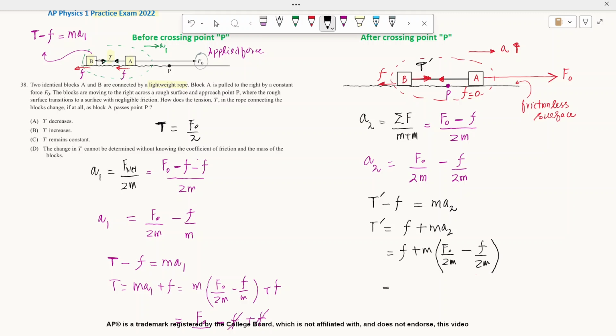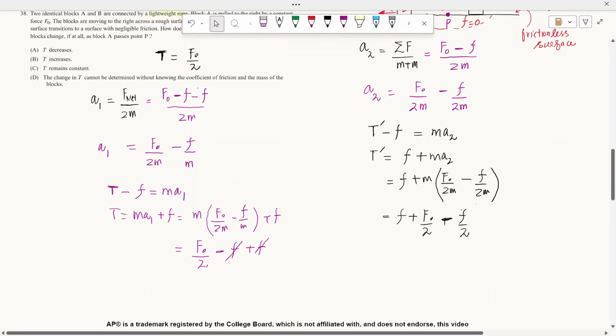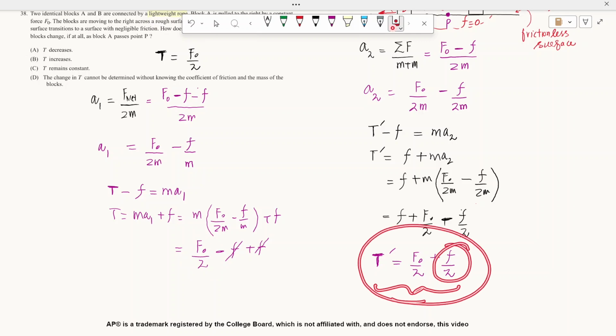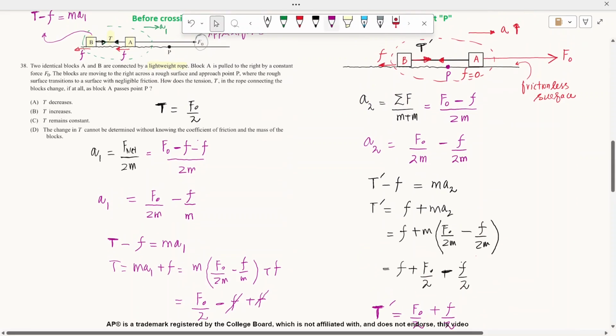If you open the bracket, it becomes F0 over 2 minus F over 2, plus F. So you can now compare easily how the tension T prime has changed. It is F0 over 2 plus the frictional force divided by 2. So this is the new tension, whereas this is the old amount, the original tension. So don't you think the new tension has increased by an amount of F over 2? So that's why the right answer should be B, tension increases.